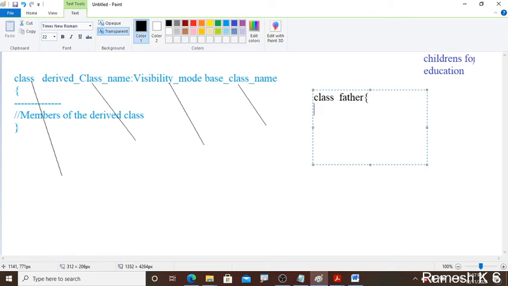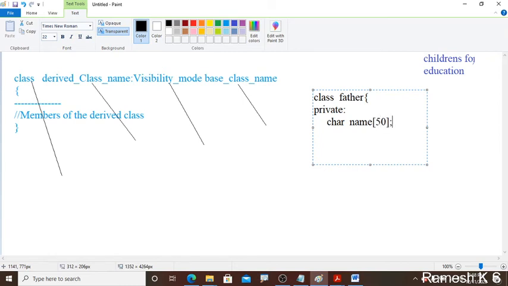Class Father. Inside Father I am taking the private access specifier. This private access specifier contains declarations of variables.